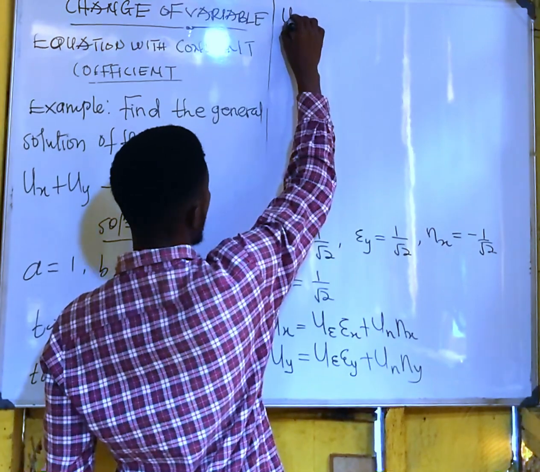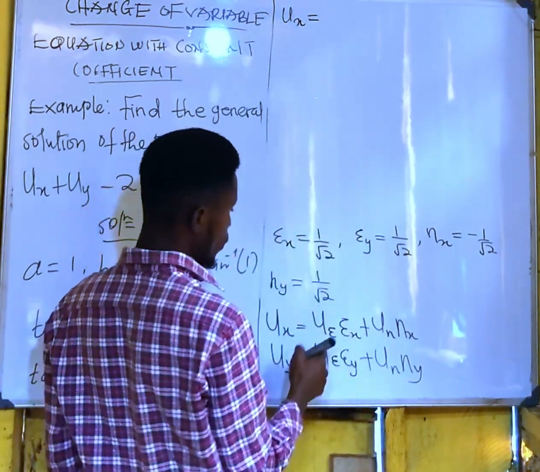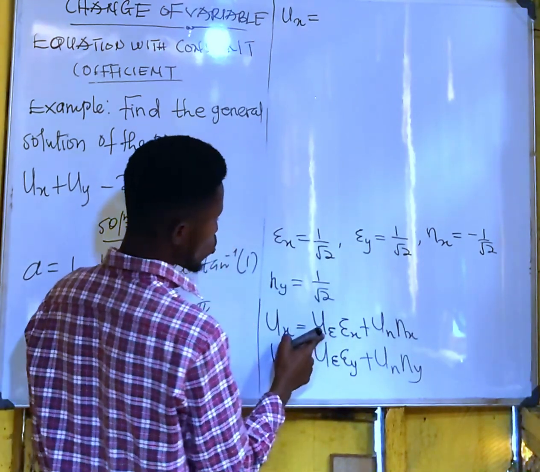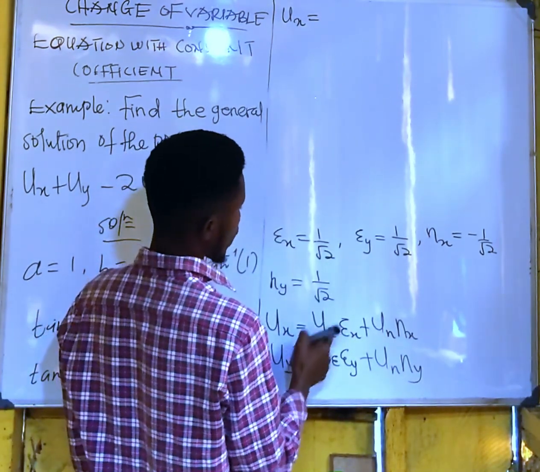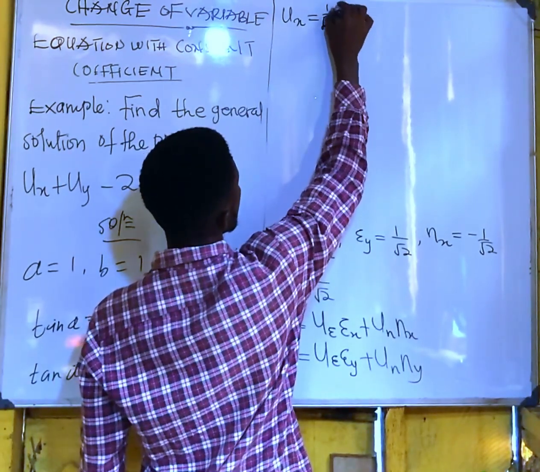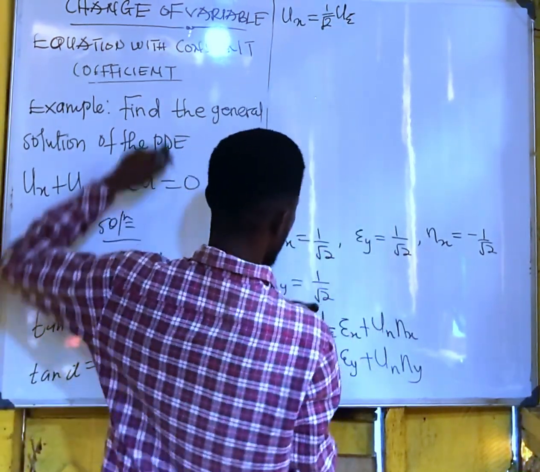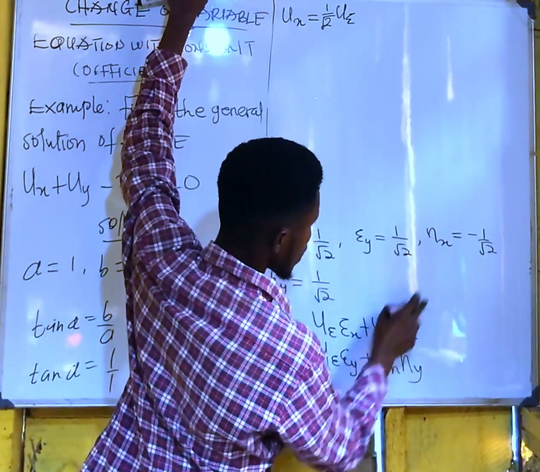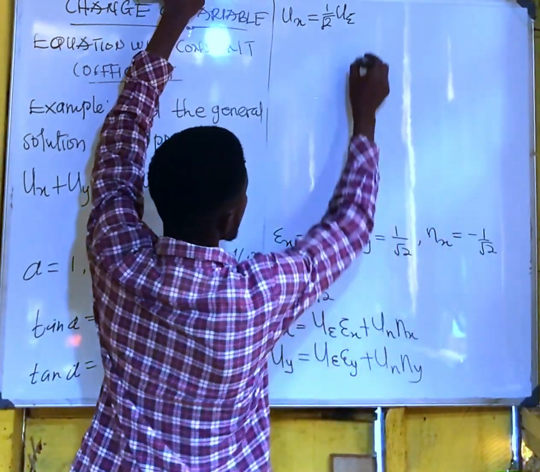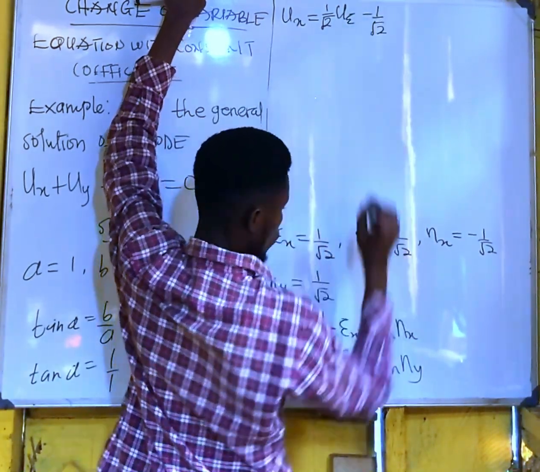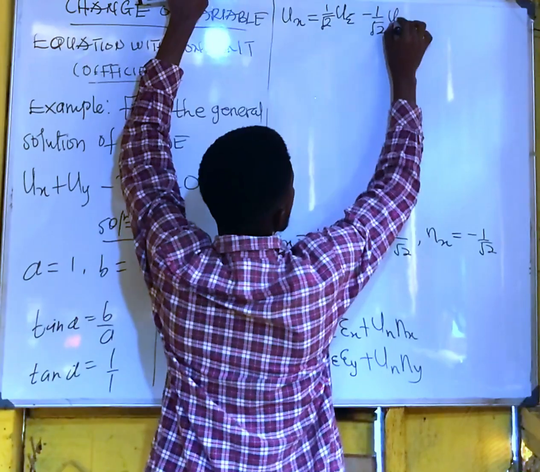So I have u subscript x equals xi x, which is 1 over root 2, times u subscript xi, so 1 over root 2 u xi. Eta x is negative 1 over root 2, so you have negative 1 over root 2 u eta.